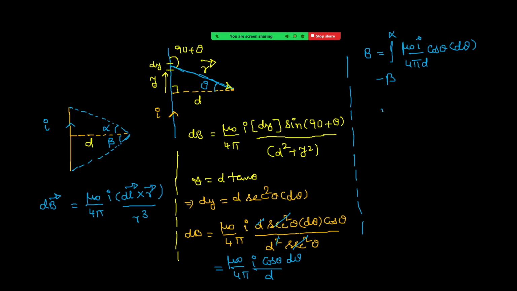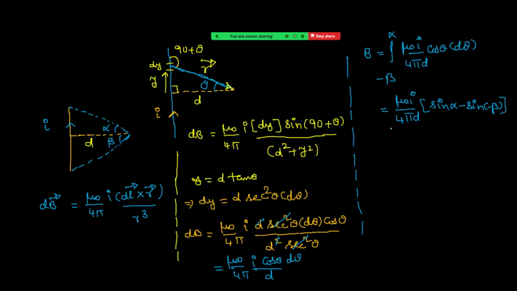Now see the calculation part. Take this constant outside. Integration of cos theta d theta is sine theta. So mu naught I upon 4 pi d. Now take limits. It is sine alpha minus sine minus beta.